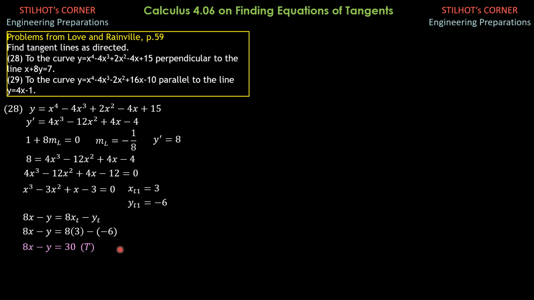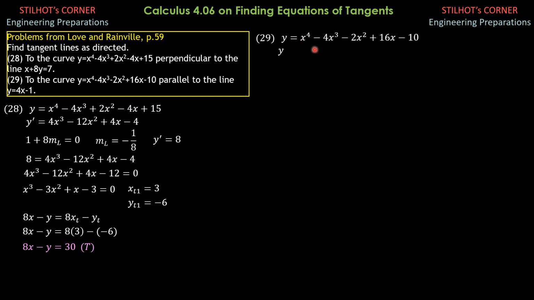So that's it for problem 28. For problem 29, y equals x to the fourth minus 4x cubed minus 2x squared plus 16x minus 10, parallel to the line y equals 4x minus 1. So differentiating, the slope of the tangent is 4, because the tangent lines are parallel to this line where the slope is 4.